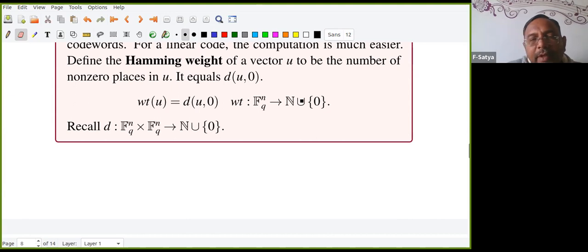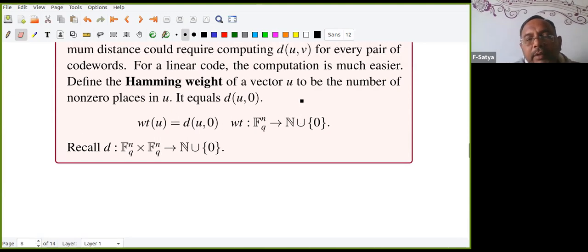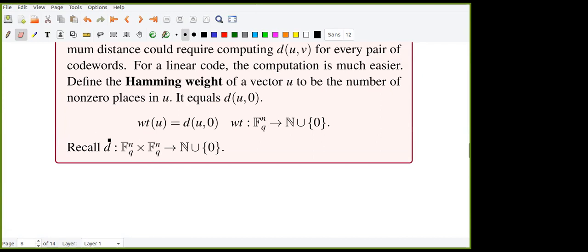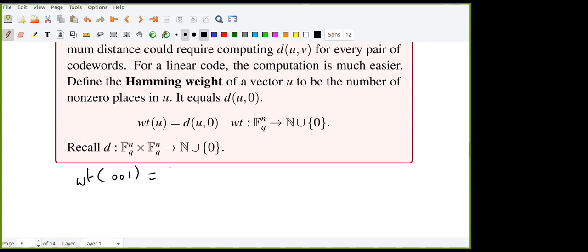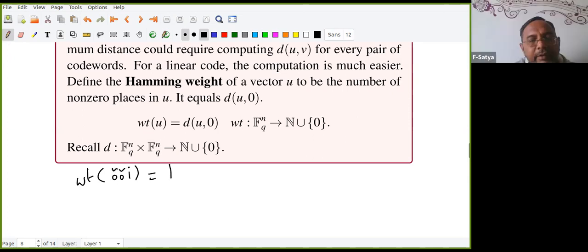Okay, what is Hamming weight? How did we define it? Number of non-zero places in u. Yes, sir. What is the weight of 0, 0, 1? It is 1, because the number of non-zero places is 1.